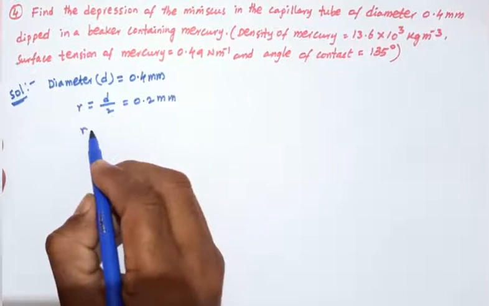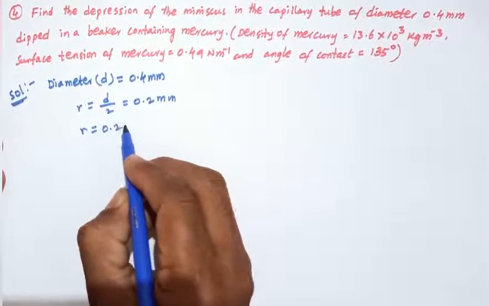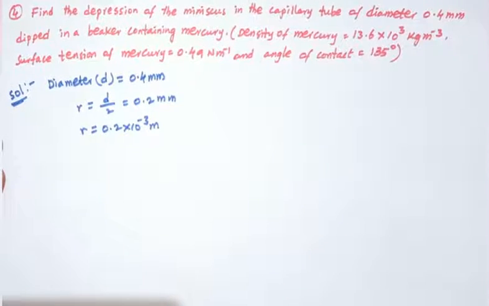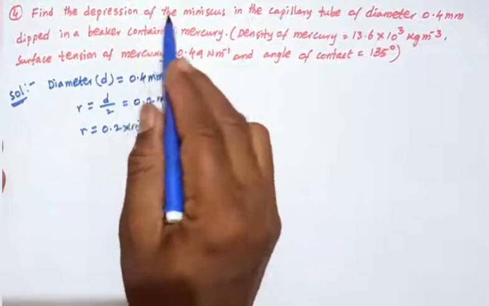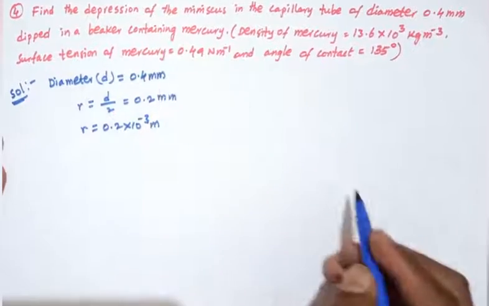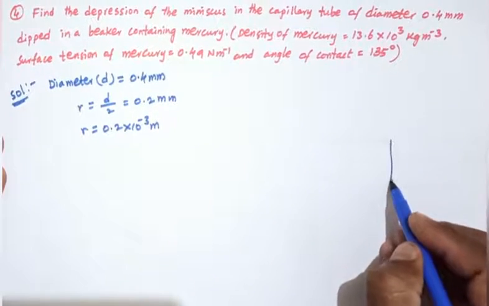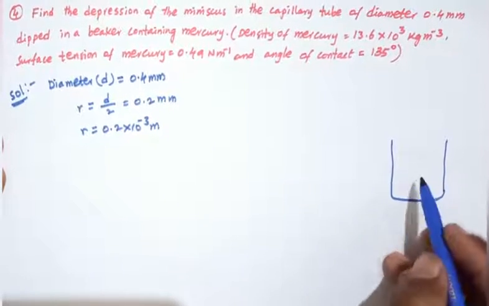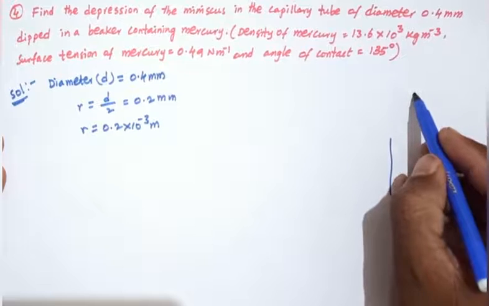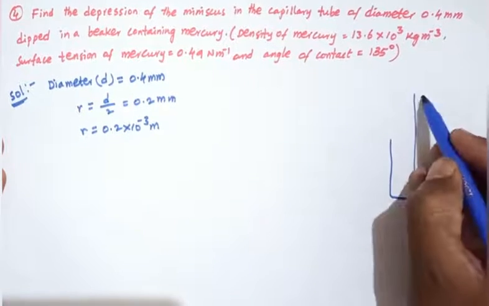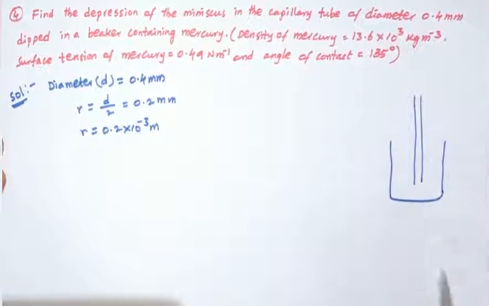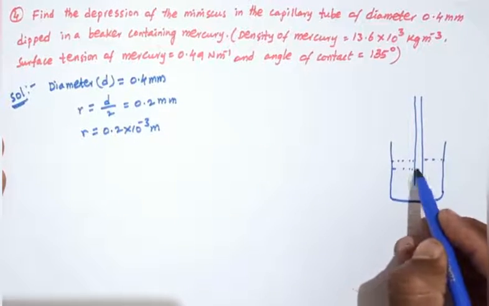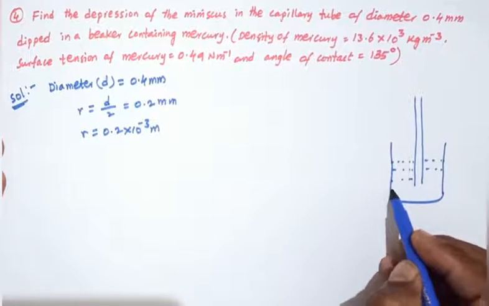So it is converted to meters: 0.2 into 10 power minus 3 meters. So what is the depression? We have already learned about capillary rise, so when it is dipped into that particular mercury, we can take the mercury in a beaker.